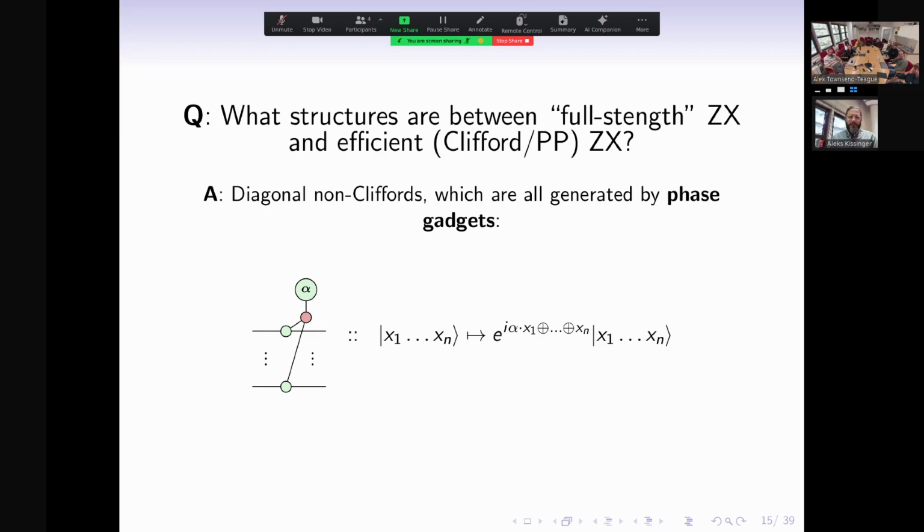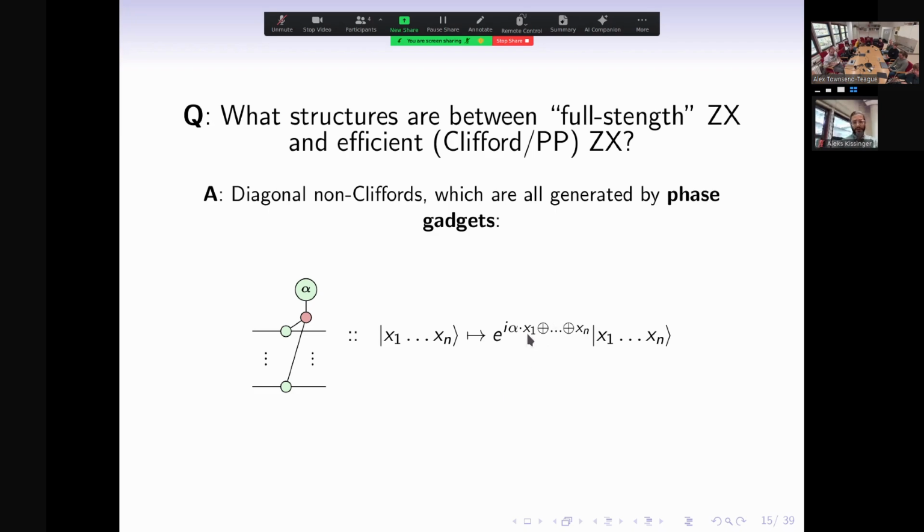Okay, so in the graphical picture, the diagonal non-Clifford gates are all generated by these things. We call this particular kind of diagram a phase gadget. This is a unitary map, and what does it do? It takes in a computational basis state and applies a relative phase between the parity 0 subspace and the parity 1 subspace.